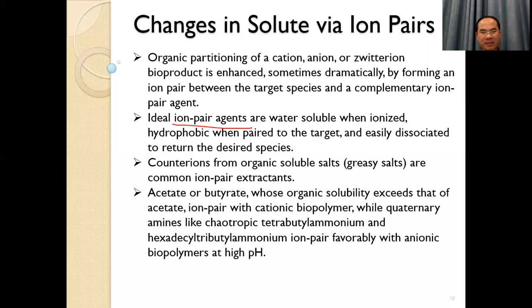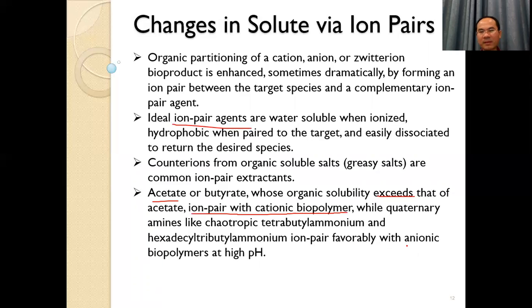For example, acetate or butyrate, whose organic solubility exceeds that of acetate, forms an ion pair with a cationic biopolymer. Like the quaternary ammonium, like tetrabutylammonium and hexadecyltributylphosphonium ion pair agents. That's right.